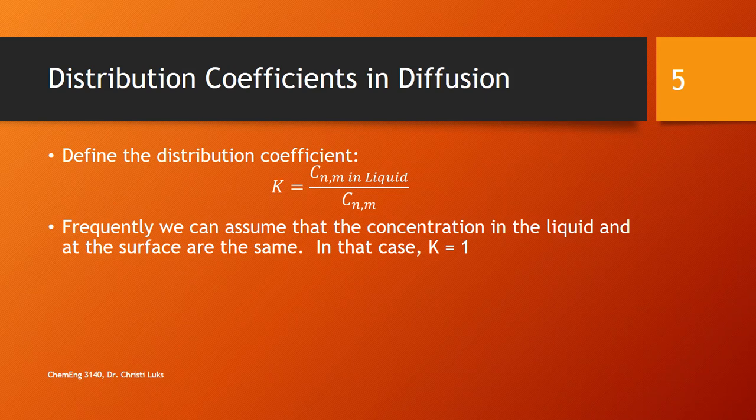A distribution coefficient for our purposes is going to be a concentration at a location, so N sub m is indicating a location, in the liquid compared to what it is on the surface at that same location. Okay? This really is what vapor-liquid equilibrium is describing to us. It's the X over the Y composition. Often we're going to be able to assume that this capital K is 1.